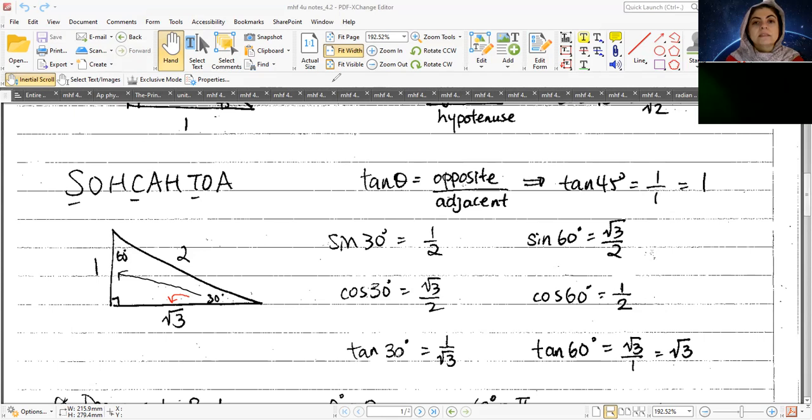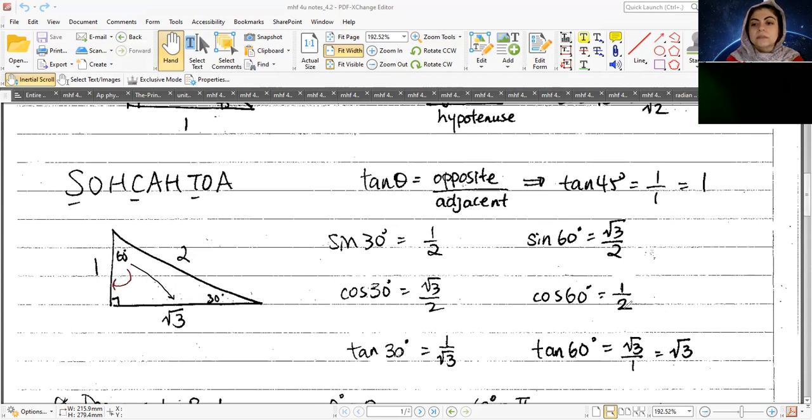For 60, you do the same. You have to look at 60. For sine 60, you say opposite. Opposite for 60 is square root of 3 over hypotenuse, which is 2. Cosine is adjacent, 1 over hypotenuse, so 1 over 2.